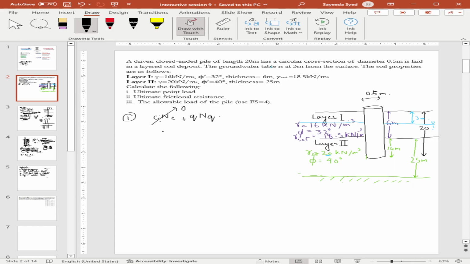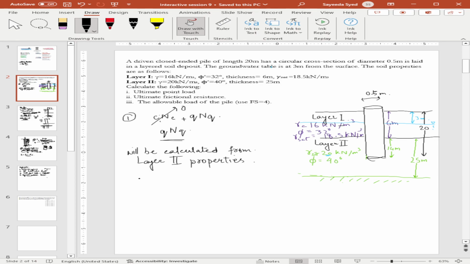Okay, now we know our Qp equals the load will be area into our bearing capacity.